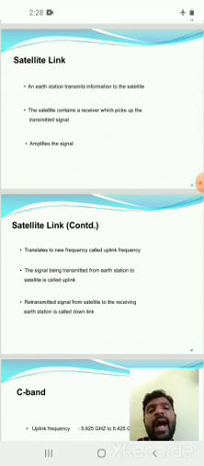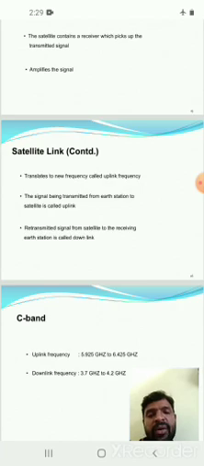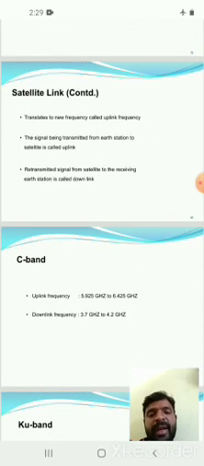These signals are amplified, processed, channel allocated, and then retransmitted to the Earth station. The signal transmitted from the Earth station to the satellite is called uplink, and the signal retransmitted from the satellite to the receiving Earth station is called downlink.